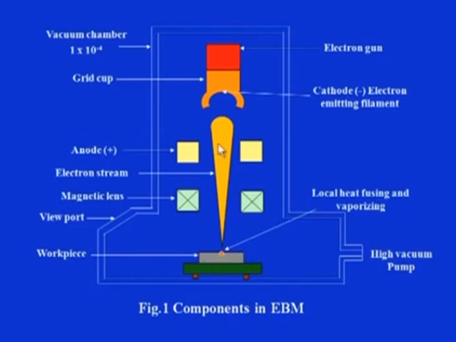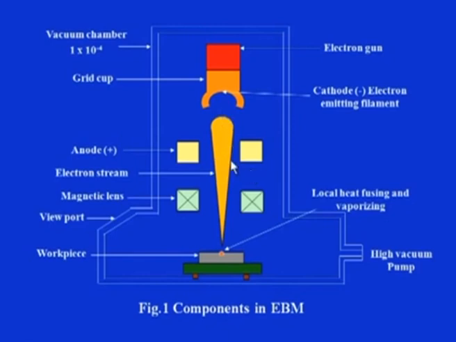This beam of electrons will hit the workpiece, and the workpiece will get heated and the material gets melted and evaporated. Since there is a cathode, there will be an anode, owing to which these electrons coming out of the cathode will be attracted towards this anode.